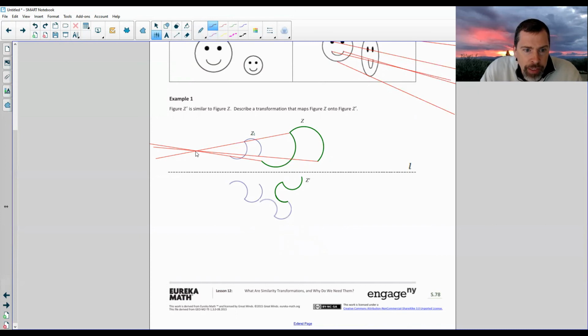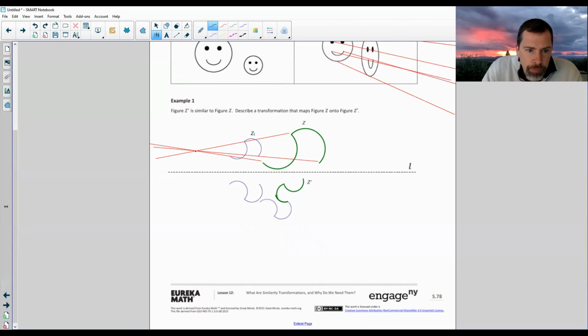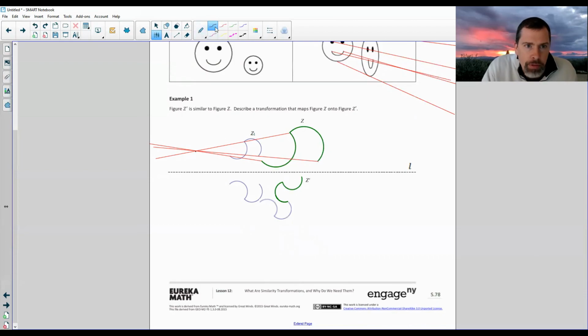And that point of dilation is right here, and that would be our O. So there is O from dilating this down. It's a dilation where R is less than 1 but greater than 0.